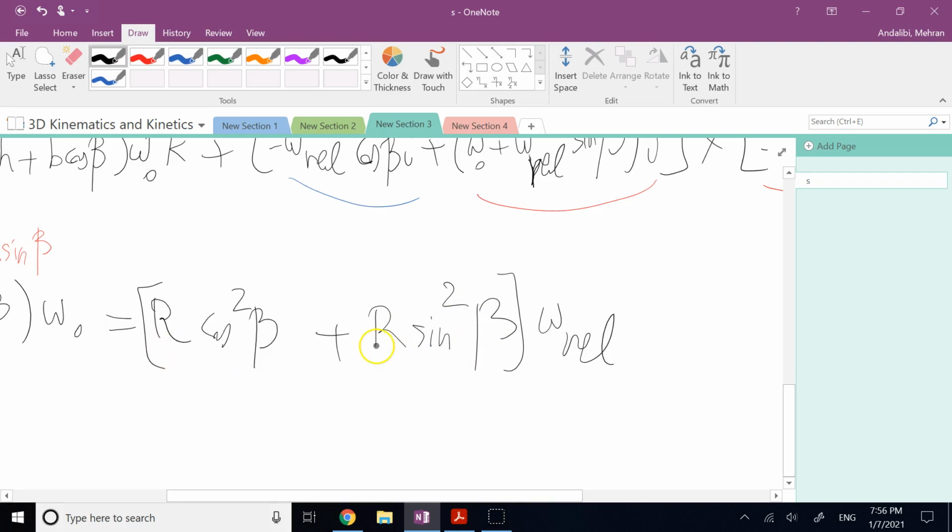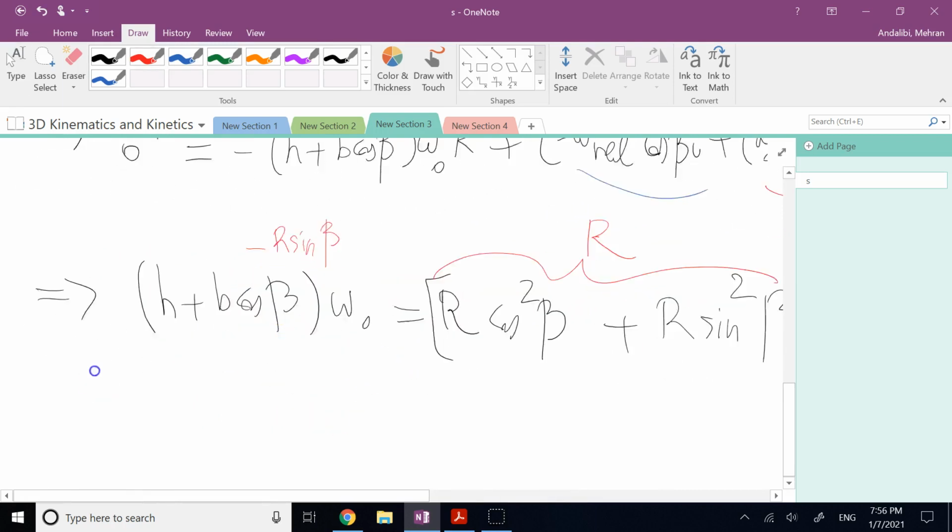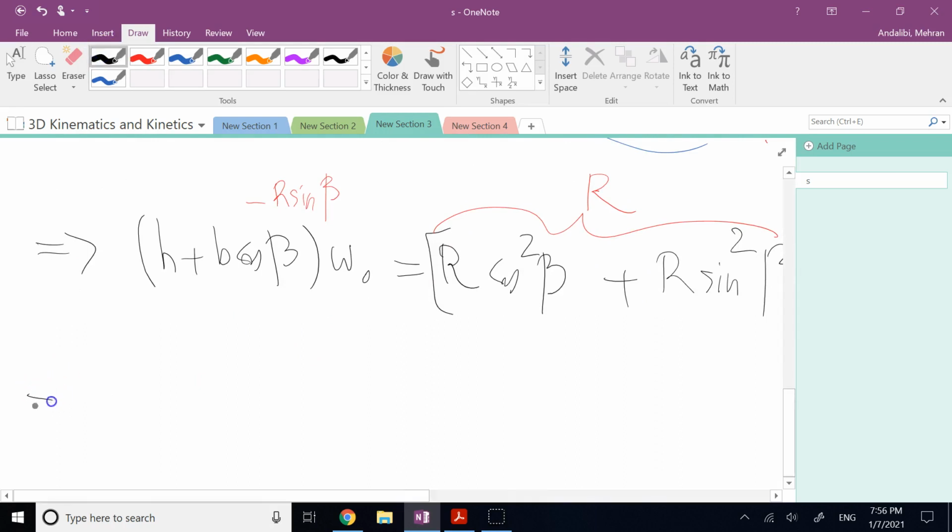And when I simplify this, it is simply going to be r, right? Because if you factor it, it's sine squared plus cosine squared. So r omega relative is going to be h plus b cosine beta minus r sine beta times omega naught. So if you divide, omega relative is going to be h minus b cosine beta minus r sine beta.